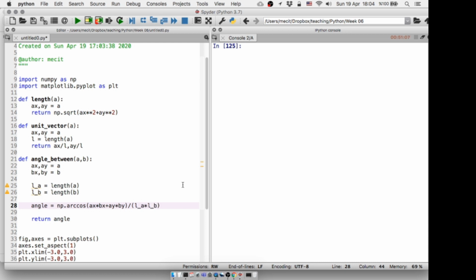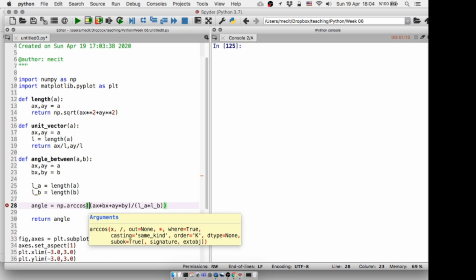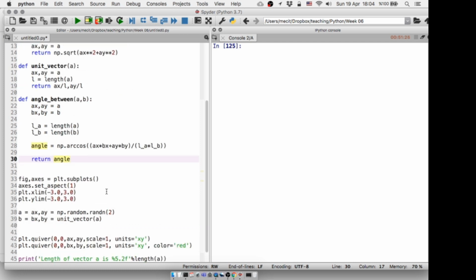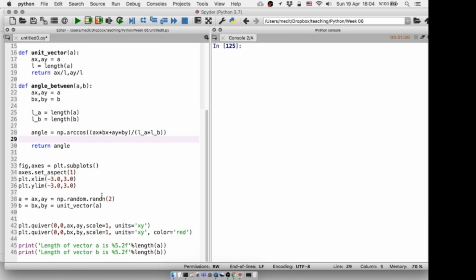So here is the, I need another parenthesis. So the arc cosine of the dot product over the length of the two vectors, and this should give me the angle in radians. Let's run the program and see if we have done this correct.